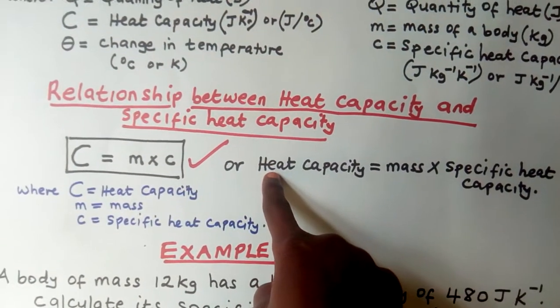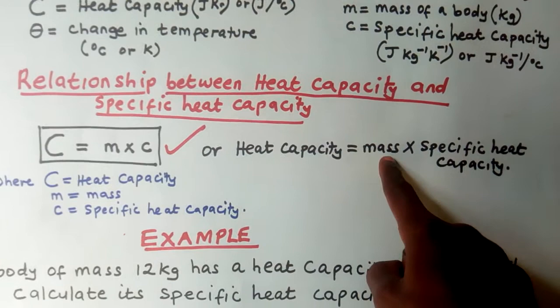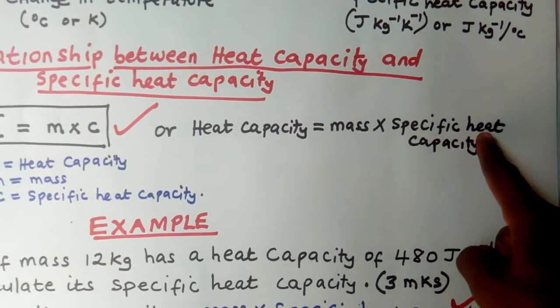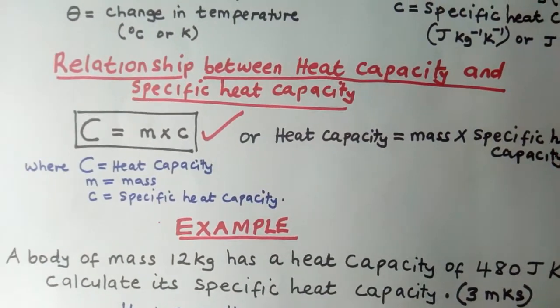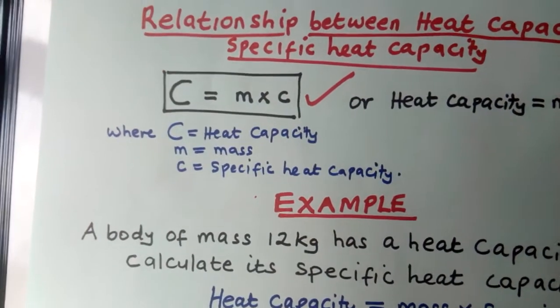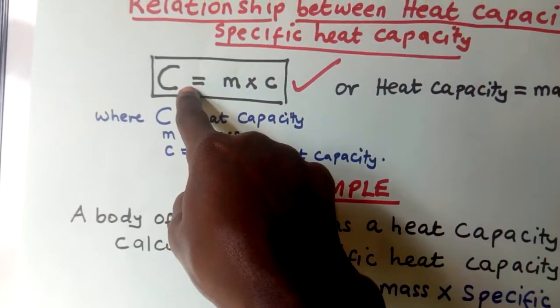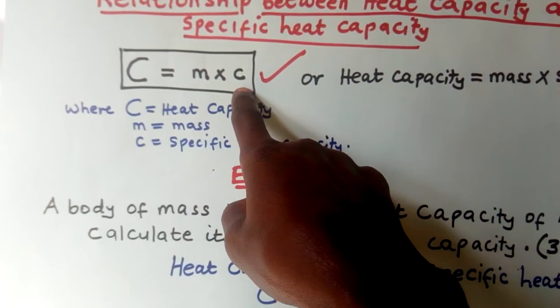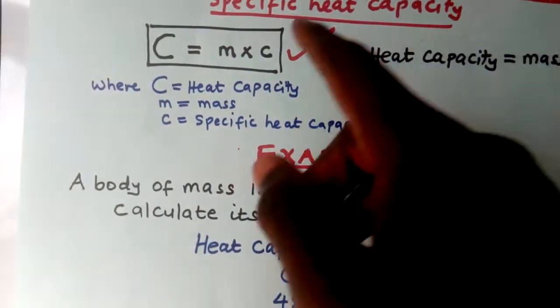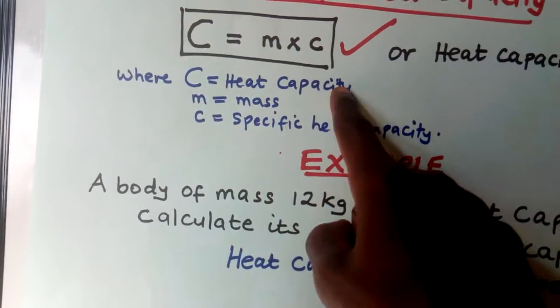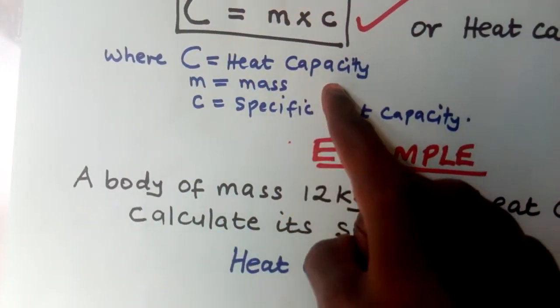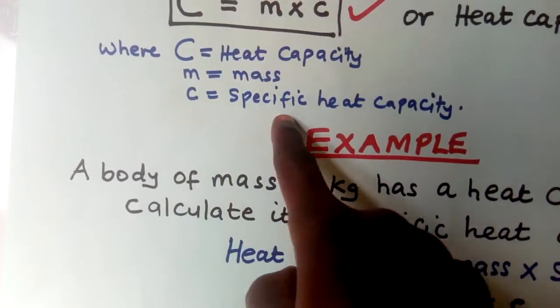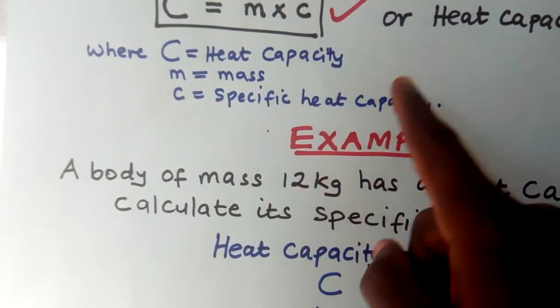So heat capacity is equal to mass times specific heat capacity. Capital C means heat capacity, M means mass, and small c means specific capacity. We already talked about their units.